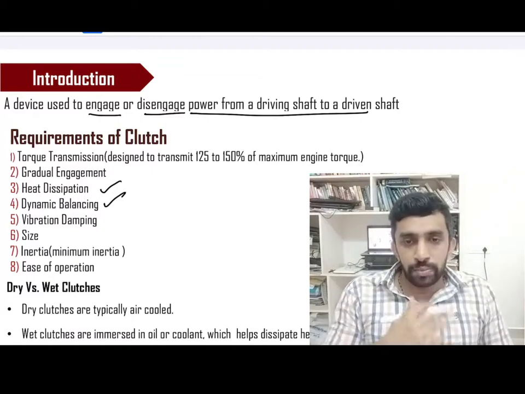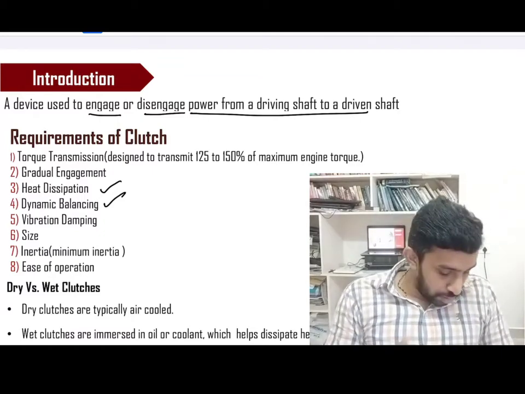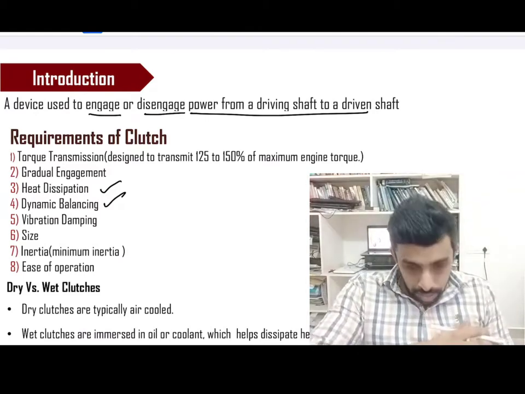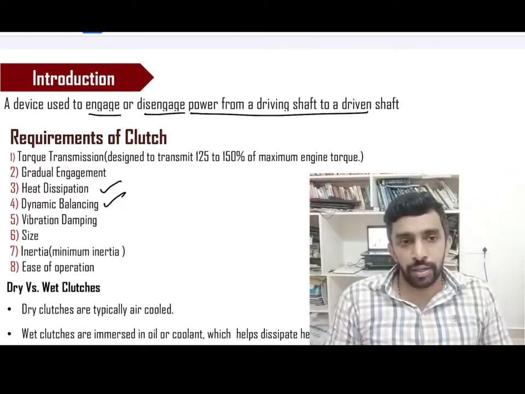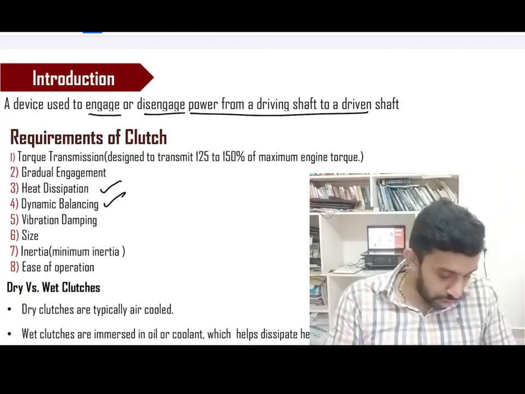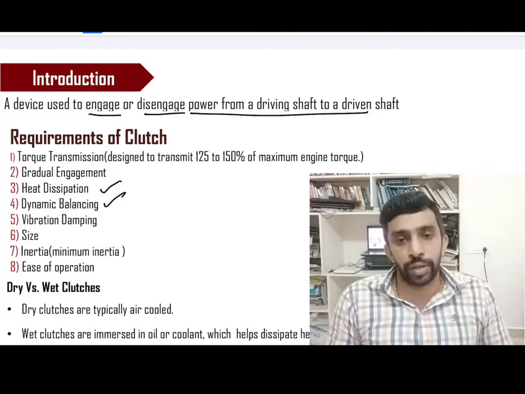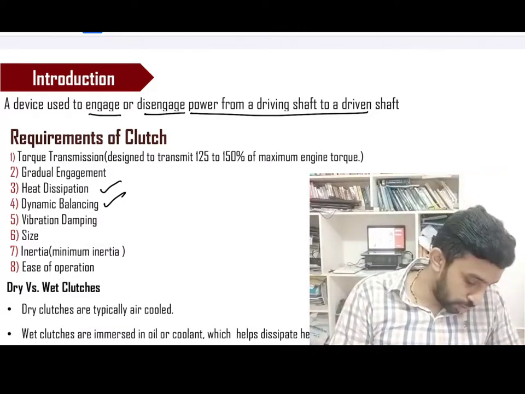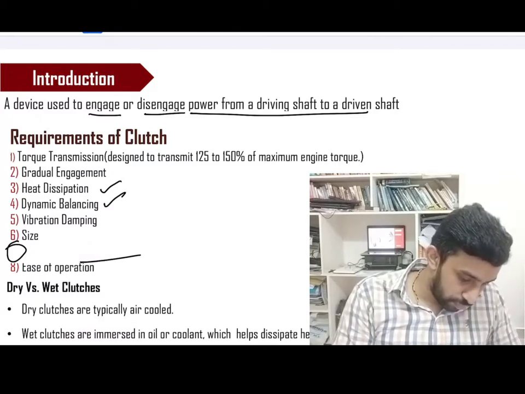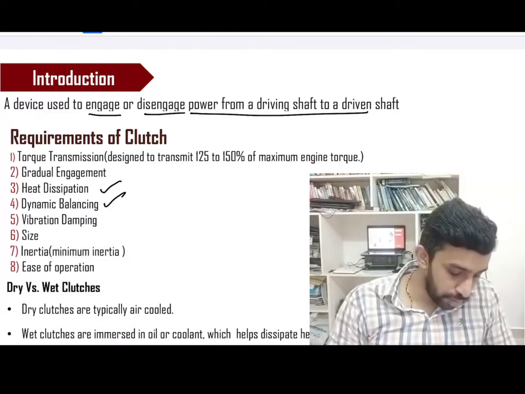That's not what is being defined here. Either we should transfer the motion at the earliest, or we should disengage at the earliest. In order to have such action, the entire system should have the minimum inertia. So this is another important criterion that you should keep in your mind.